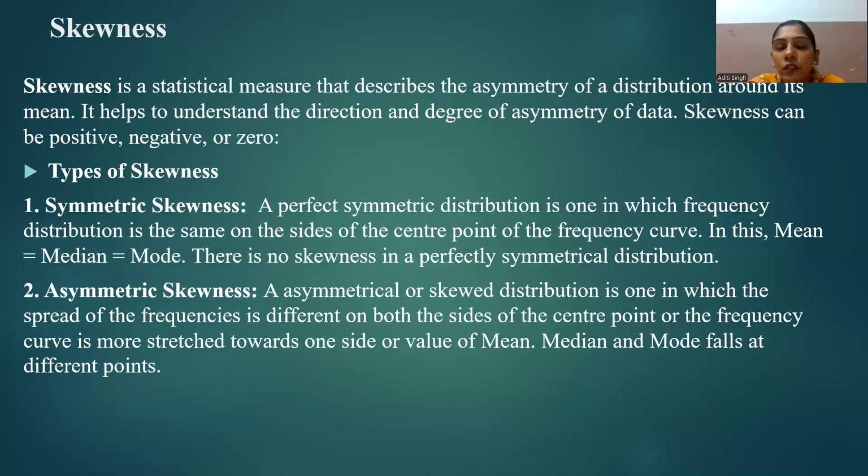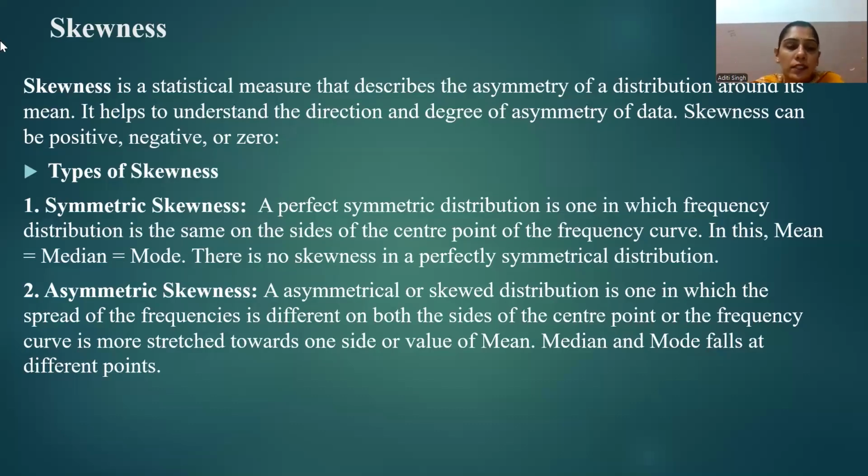So if we have to tell the types of skewness, then we can say that there are three types: zero skewness, positive skewness and negative skewness. Zero skewness is symmetrical, and positive or negative skewness are asymmetrical.